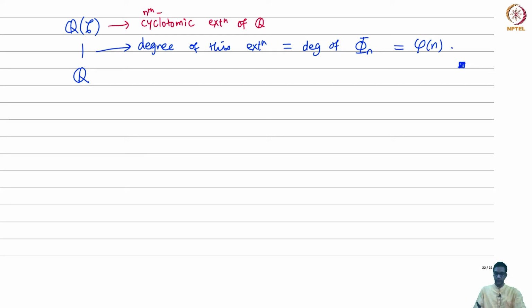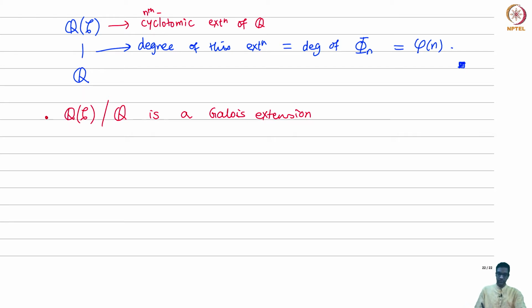We have already said that Q(zeta) over Q is a Galois extension. It is normal because it's the splitting field of the polynomial x^n - 1, and it's separable because Q has characteristic 0.